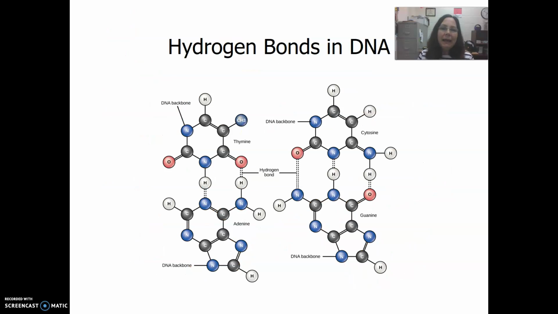Okay, DNA is another example where hydrogen bonding is used. So this is a little bit more complicated than I planned to explain, but let's see how to explain this. All right, so what you're looking at is a nucleotide called thymine here.